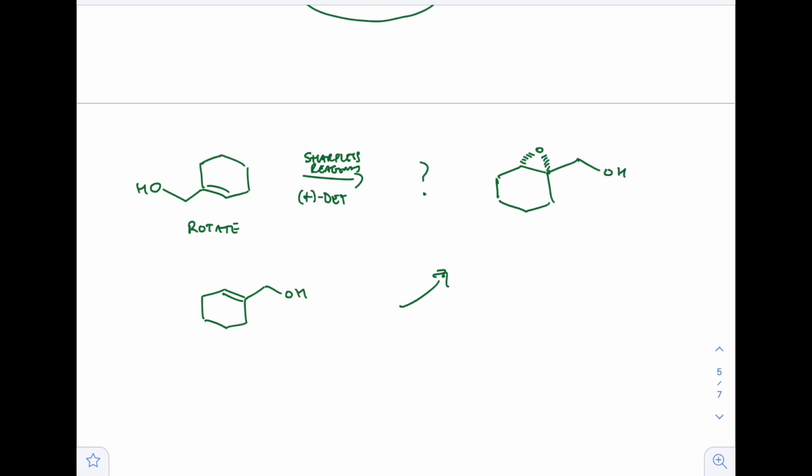Like I say, negative DET comes from the top and goes down, and positive DET goes up. That stereochemistry is dictated by the presence of the oxygen being on the upper right. And so for positive DET, that's why we had to rotate the whole molecule to show that it's in the upper right. Now we can say, okay, since it's positive DET, we put the oxygen on the bottom. That's why I have it as a dash, sorry.